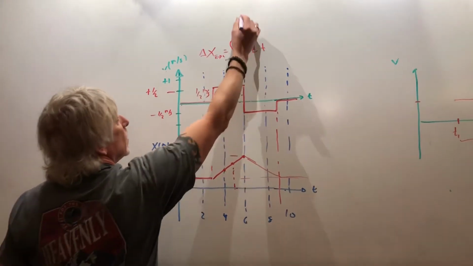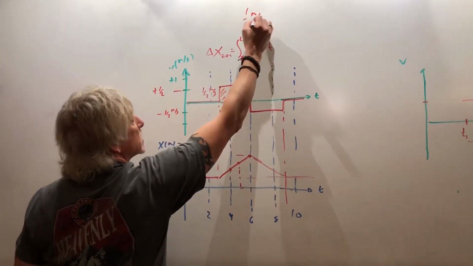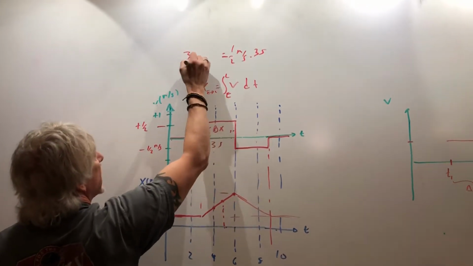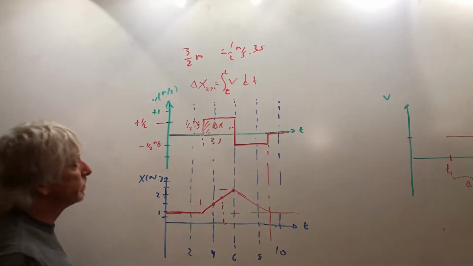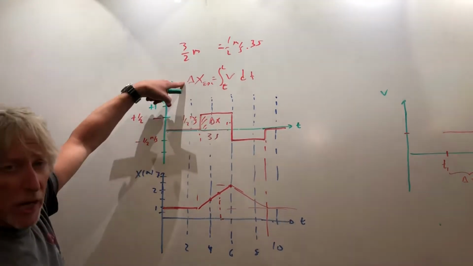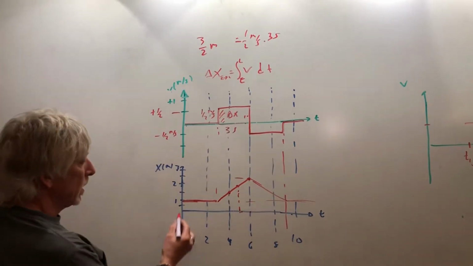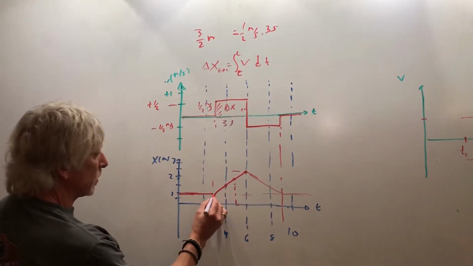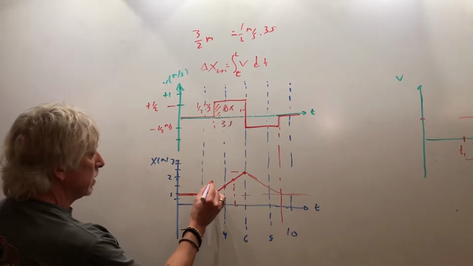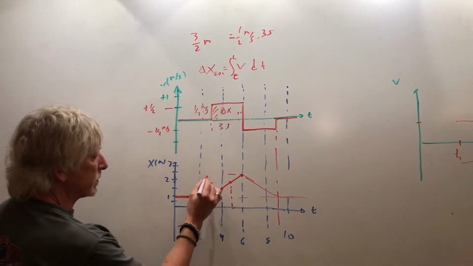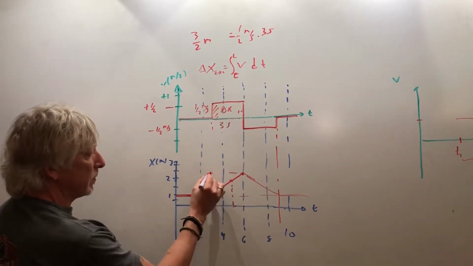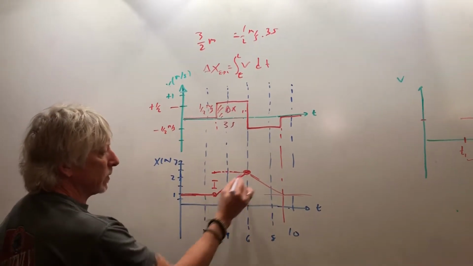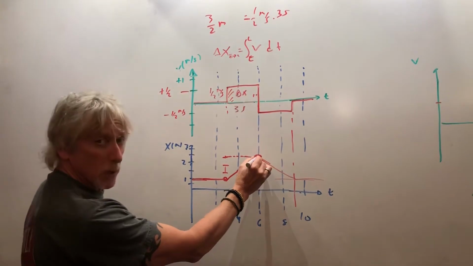I had 1/2 of a meter per second times 3 seconds is 3/2 of a meter. That's my change in position. If I start at 1, in those 3 seconds I will go up 1/2, 2/2, 3/2 of a meter in 3 seconds. And that gives me that right there too. So that's another way to look at it.